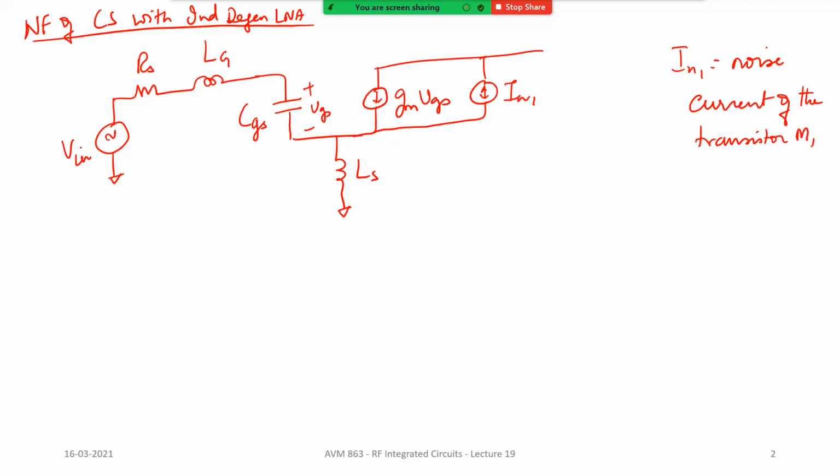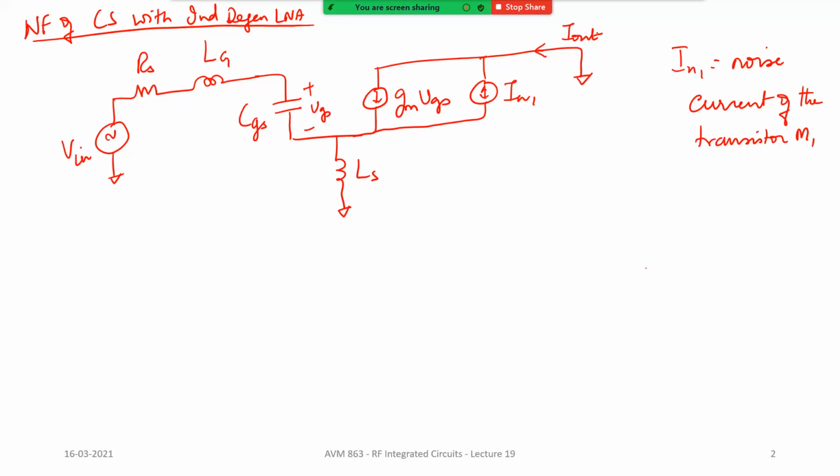In order to do this derivation, we are going to find out the short circuit output current, which means that we are going to ground this and find out what this I out is. With this, we will be able to derive the noise figure. For each LNA topology, there is a certain way in which we can simplify the mathematical analysis. So, let us start deriving.